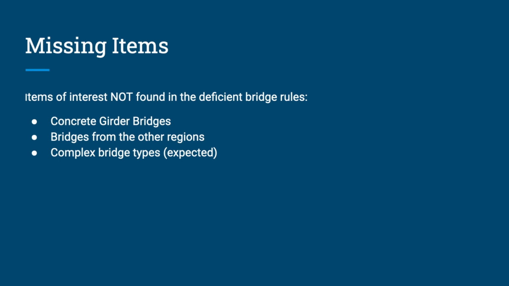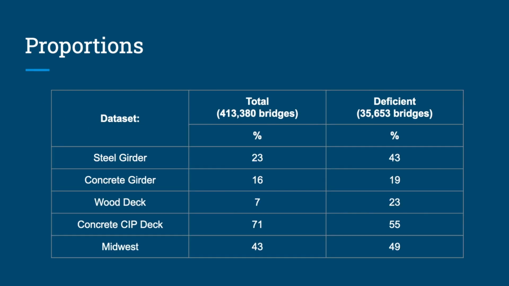But then also complex bridge types were missing from this data set. As I mentioned earlier, complex bridge types are fairly rare within the inventory, so this is kind of expected. But all of this leads to wondering whether any particular item in the deficient bridge association rules is out of proportion with their prevalence in the total inventory. And so we'll look at that next.